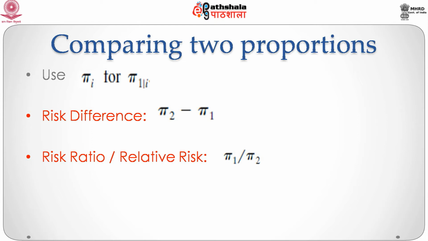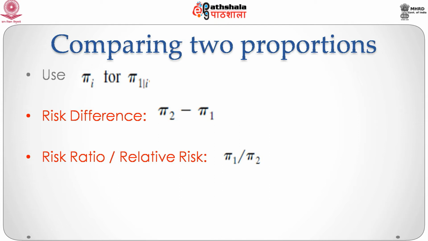An alternative means of measuring the association is to look at the ratio of pi 2 and pi 1. So I define the risk ratio or the relative risk as pi 1 over pi 2. Again, I could just as well have defined it as pi 2 over pi 1. And it does not matter if I am interested in testing a hypothesis that there is no association, or that the risk ratio is 1.